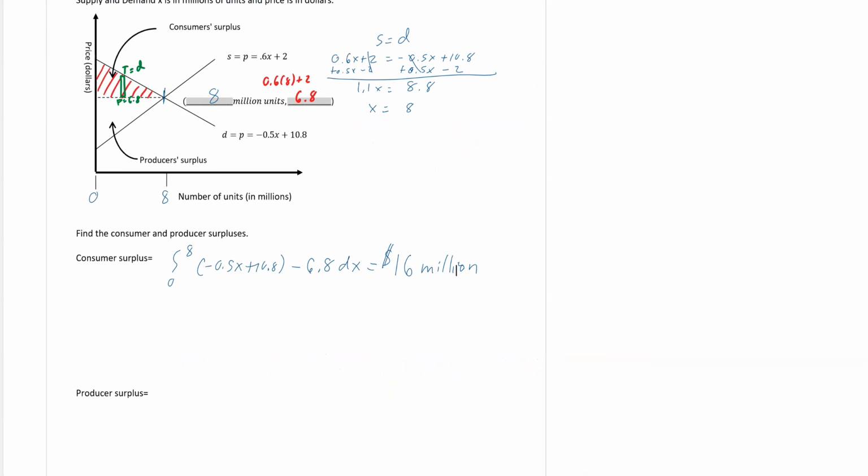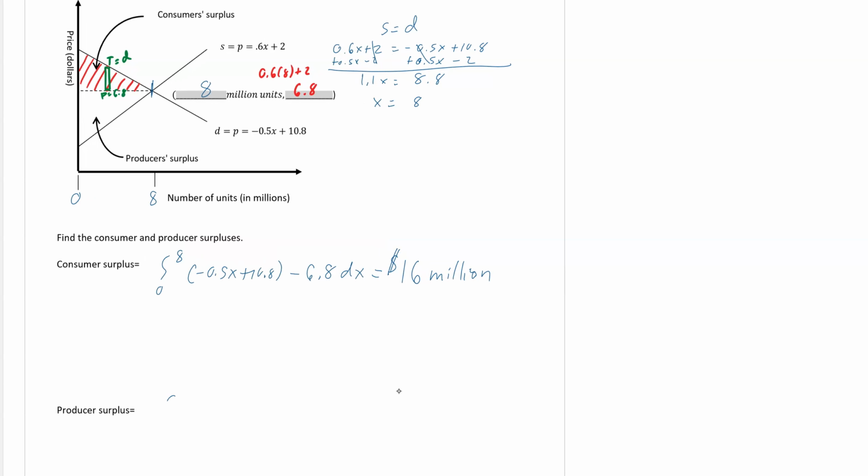All right, so now producer surplus is just going to be the same thing. We go 0 to 8, but now our top is the 6.8. We are finding the producer surplus now. If I draw that rectangle, let's put them in green as well here, you can see it's the same price, but now we're using our bottom here, which is the supply equation.